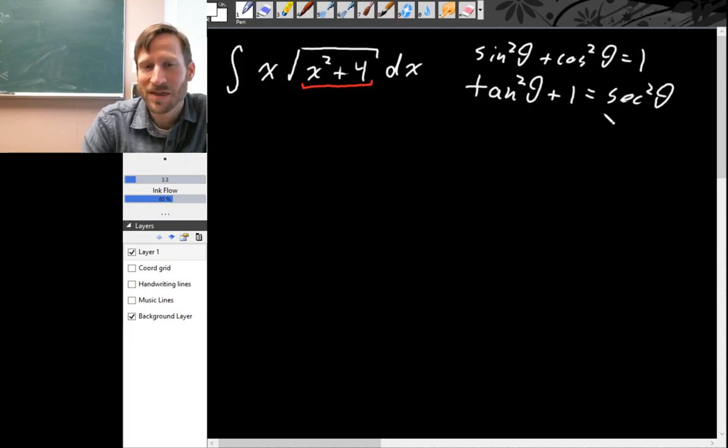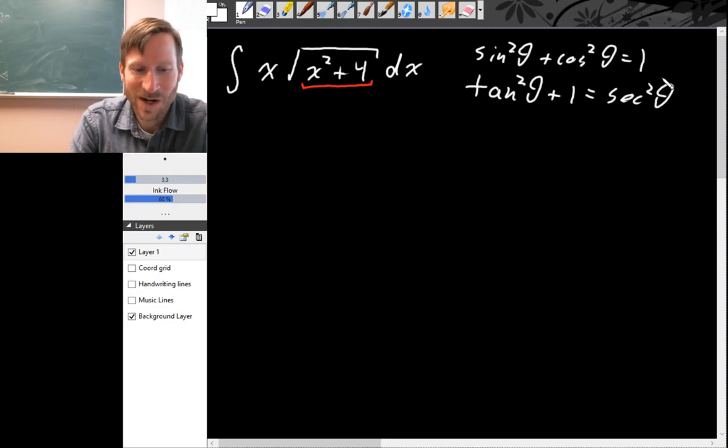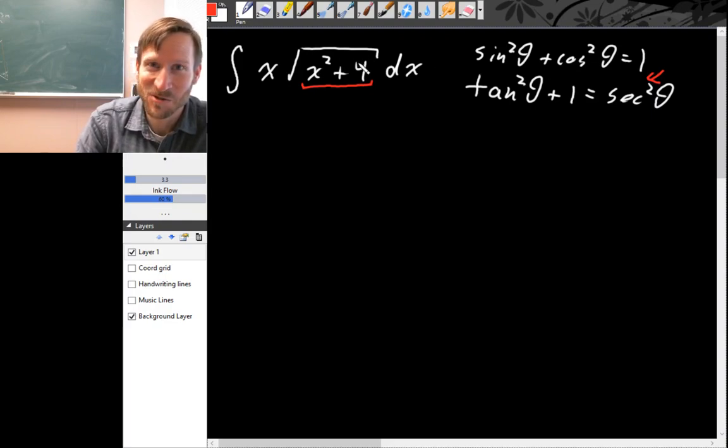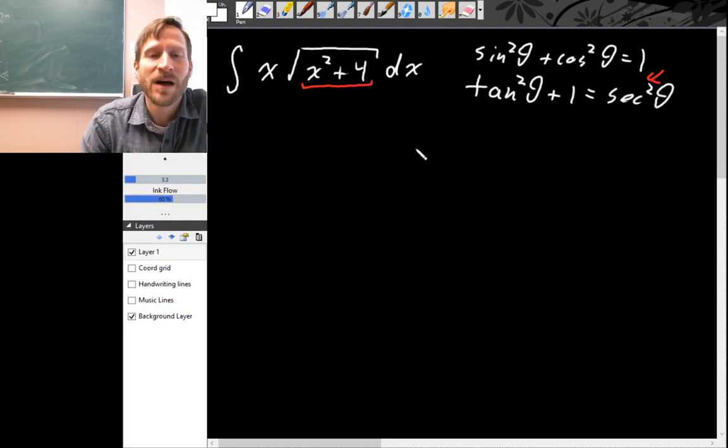This second Pythagorean identity comes from the first one just by dividing everything by cosine squared. So in this identity, we have a variable part squared plus a constant equals something nice, something squared. This square on the secant is going to play nicely with the square root in our integrand.